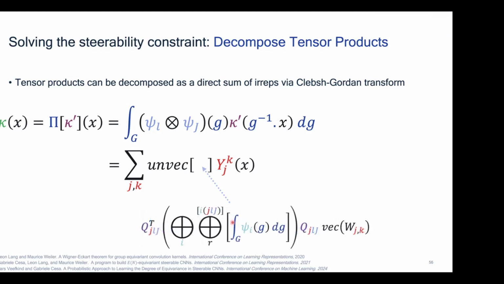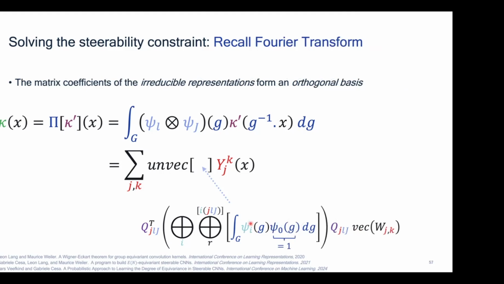And the integral now can be brought inside this direct sum and change of basis because all these terms don't depend on G. And the interesting part is that yet again here we recognize an integral over a function over the group, which should remind us, one more time, of a Fourier transform. Indeed, we can imagine we are just integrating our Fourier basis, which are the irreps, against a constant function.